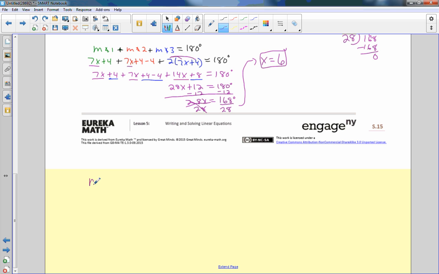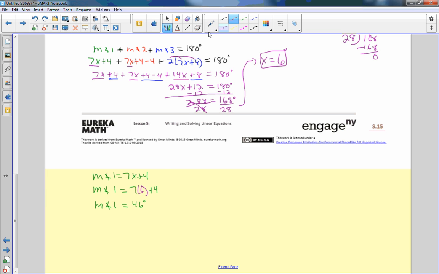The measure of angle 1 equals 7x, which is 6, plus 4. So the measure of angle 1 equals 7 times 6 is 42 plus 4 is 46 degrees.